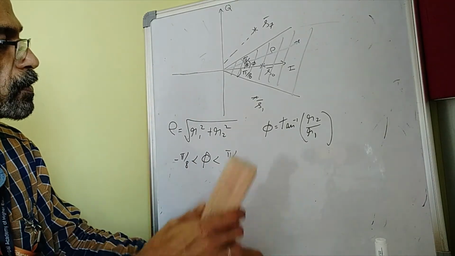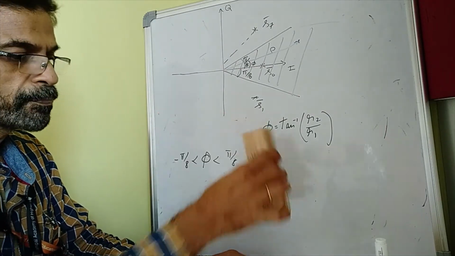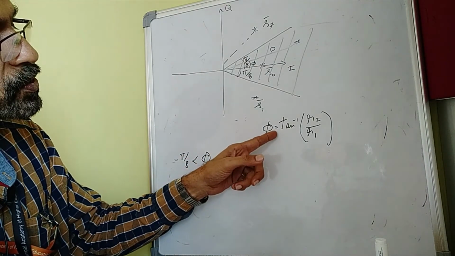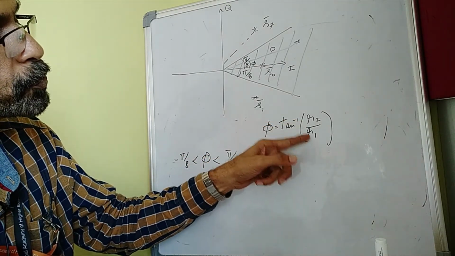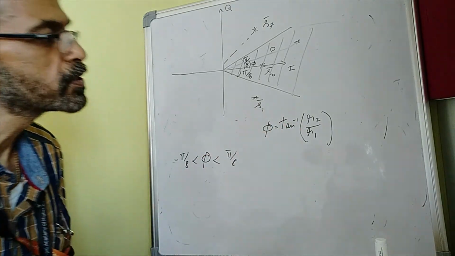We note here that phi is actually a function of two random variables. Remember, R1 as well as R2 are random variables.